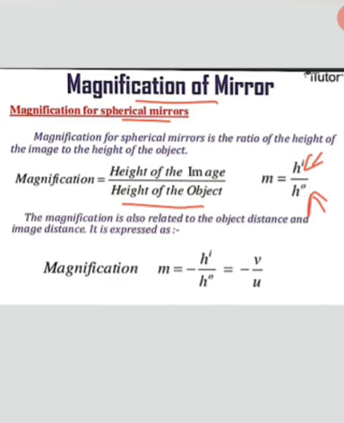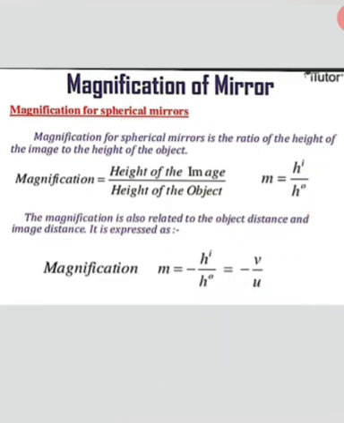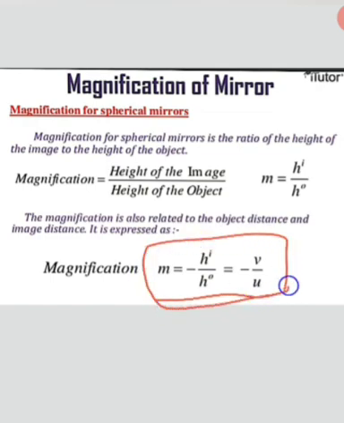Magnification is also related to the object distance, which is denoted by u, and the image distance, which is denoted by v. Magnification can also be written as minus v upon u in case of mirrors. In case of mirrors we place a minus. Its derivation is not at your standard, so you just have to keep in mind that in case of spherical mirrors magnification is defined as the negative of the ratio of image distance and object distance.